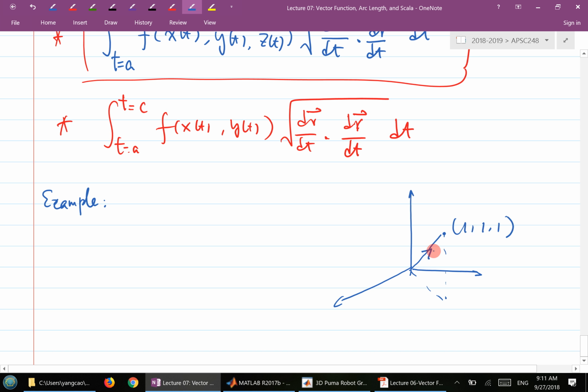Okay, here's curve C in 3D space. It's basically a straight line, starting from the origin and ending at 1, 1, 1. Let's call this C here. And I have a function of x, y, z, defined as this.